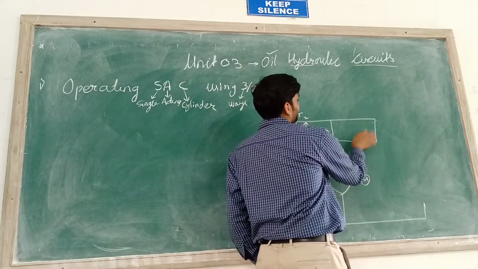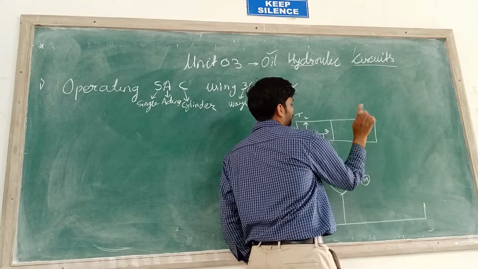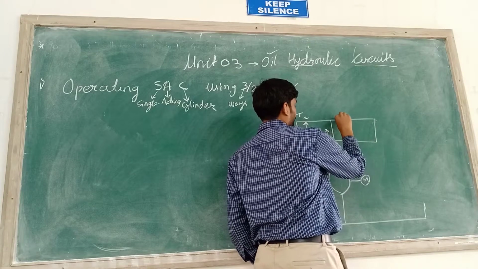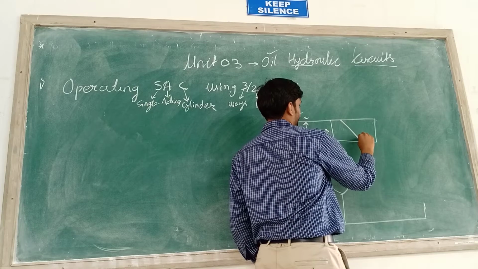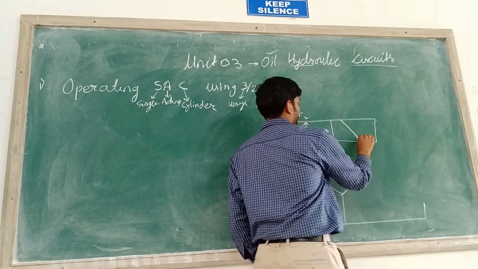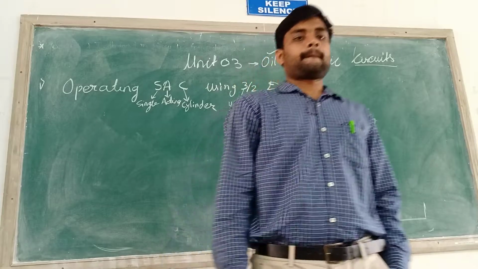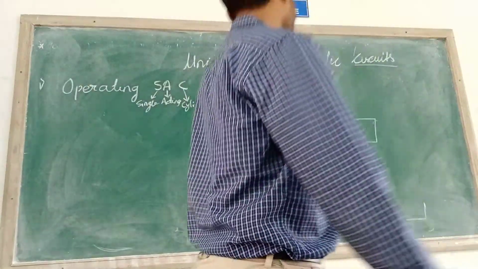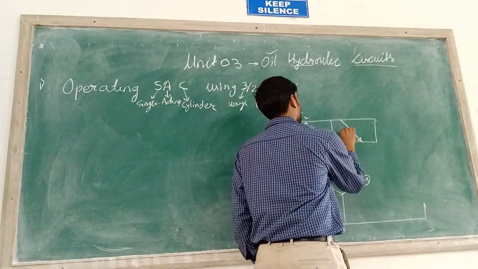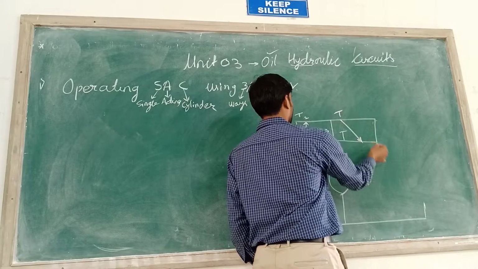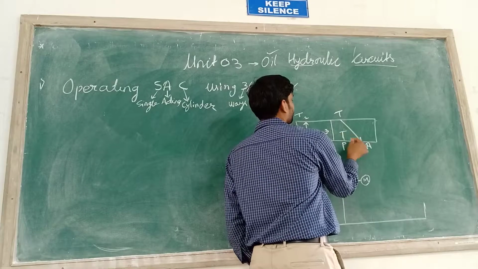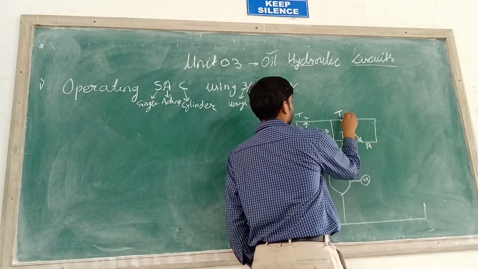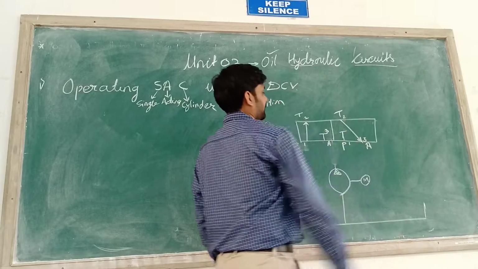Again here is another position, so there should be 3 ways. You can see these are in the first, second and third positions.